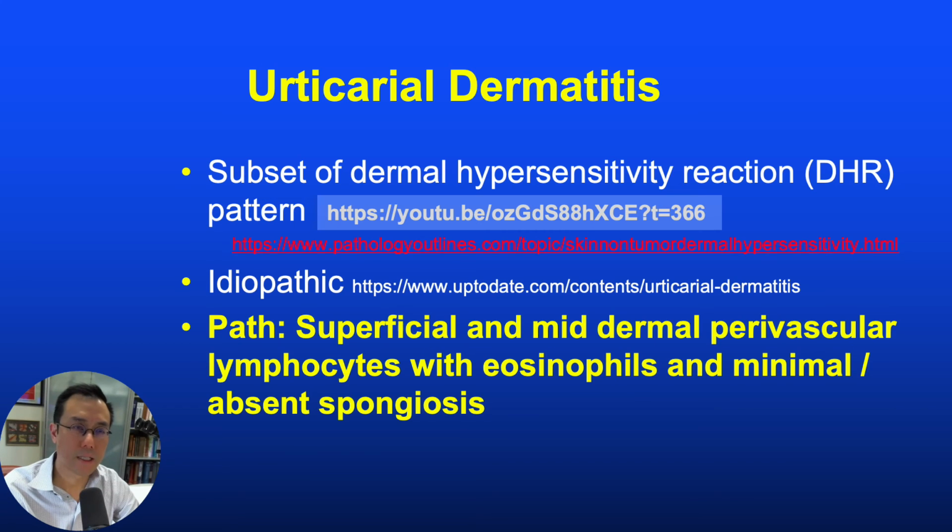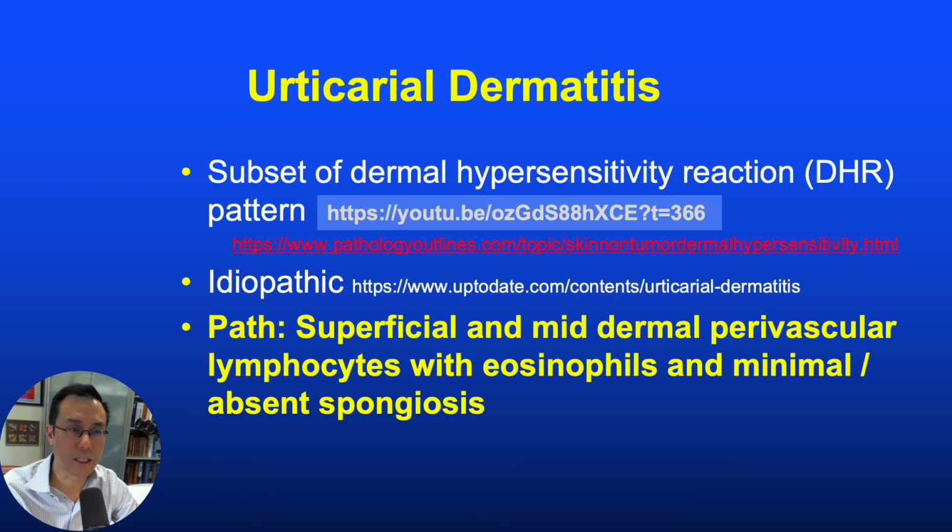But for the purposes of the differential diagnosis of spongiotic dermatitis, urticarial dermatitis and the DHR reaction pattern in general is defined as a superficial and mid-dermal perivascular lymphocytic infiltrate with eosinophils and typically minimal to absent spongiosis. So in contrast to classic spongiotic dermatitis, spongiosis is minimal or even absent.